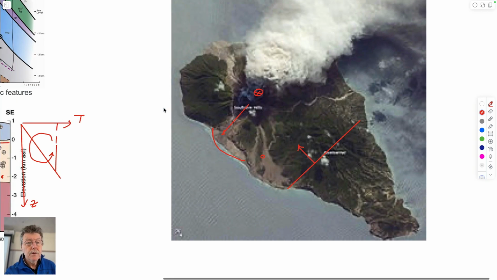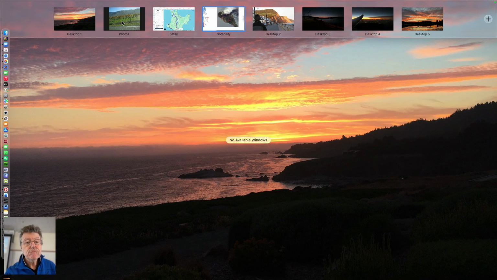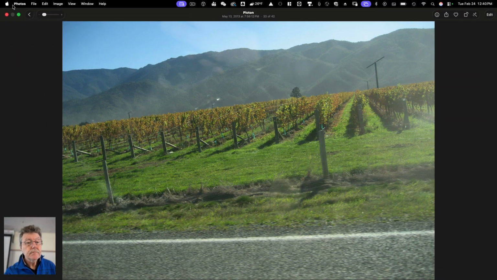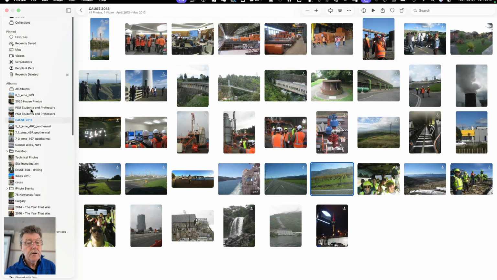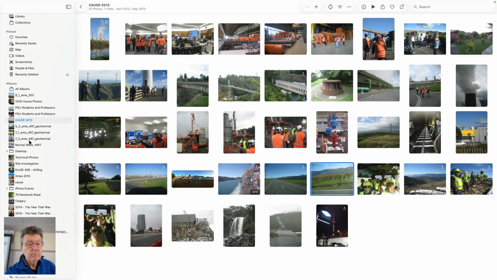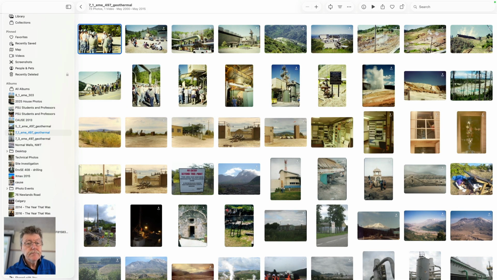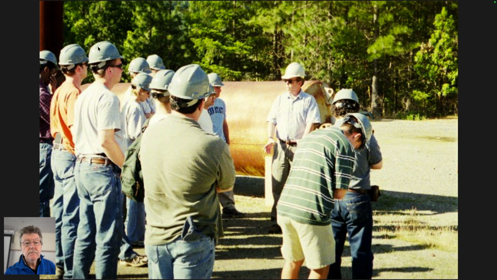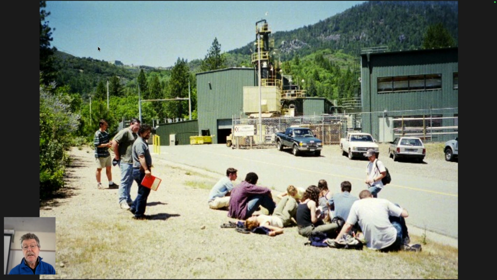So we looked at the geysers. If I go back here. So again, a different group of students, the geysers, standing around. It's in the coastal range of California.